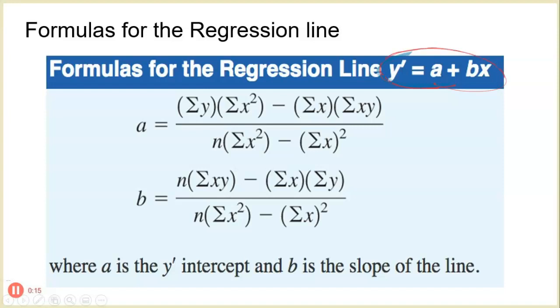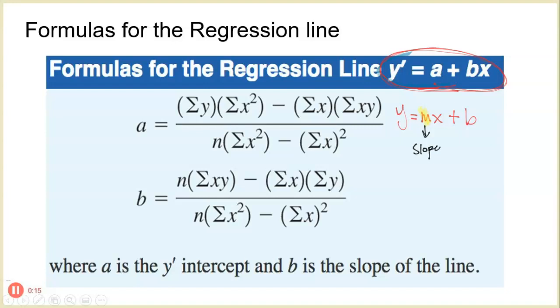Mainly with this formula, if you are familiar with linear functions, it is somewhat of the form y equals mx plus b. And so this is the equation of a linear function in slope-intercept form, where the value of m is the slope because it represents the movement of the graph.